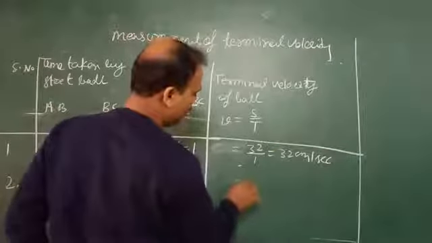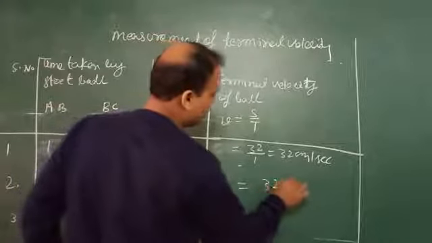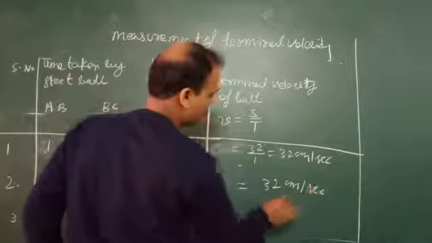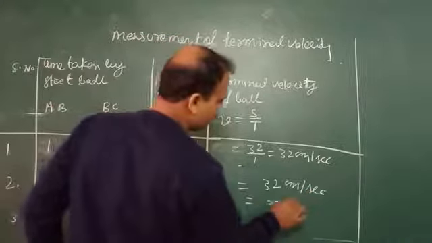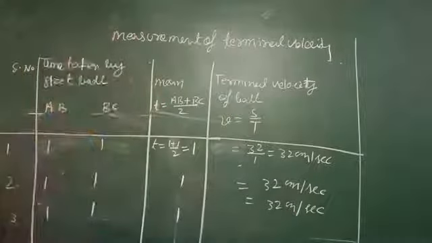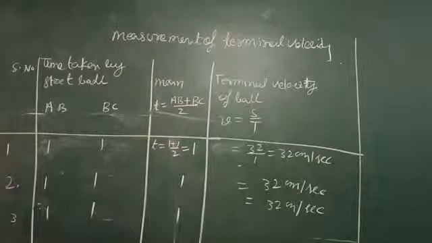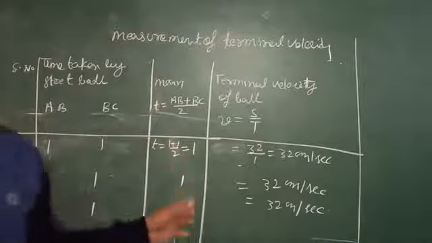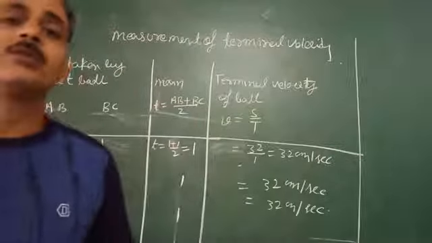So again you can note down 32 centimeter per second each time. So this is the reading column, and you can note these readings in your book.